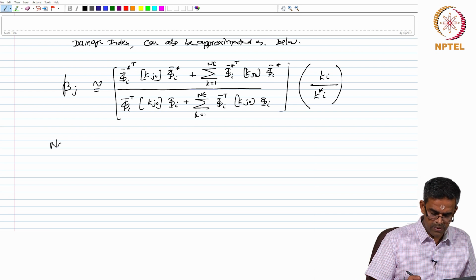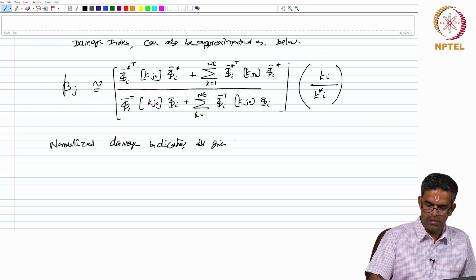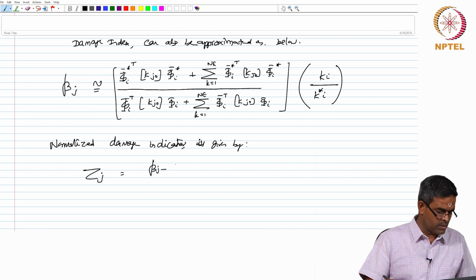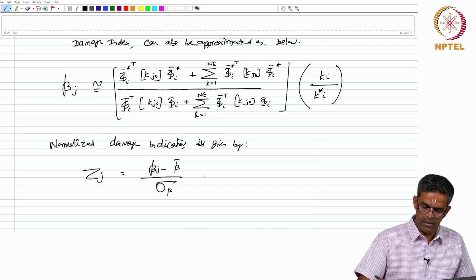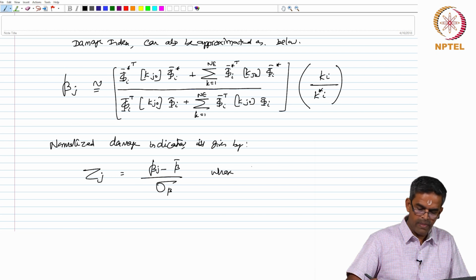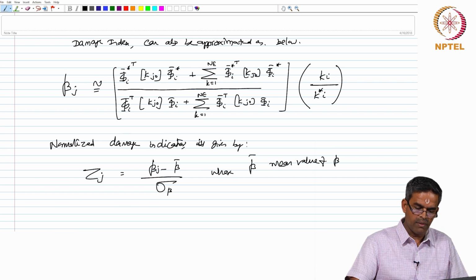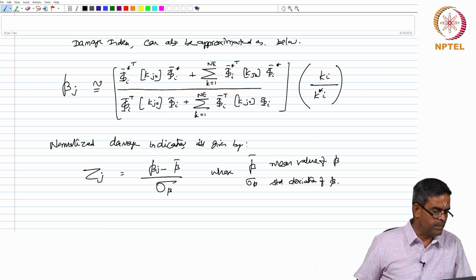One can now obtain the normalized damage indicator, which is given by Z_j, which is beta_j minus beta bar by sigma beta, where beta bar is the mean value of the damage index and sigma beta is the standard deviation of beta.